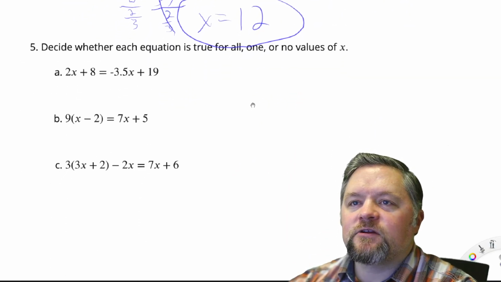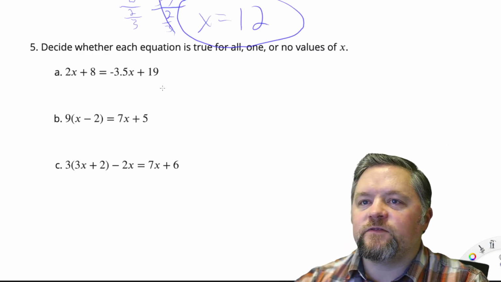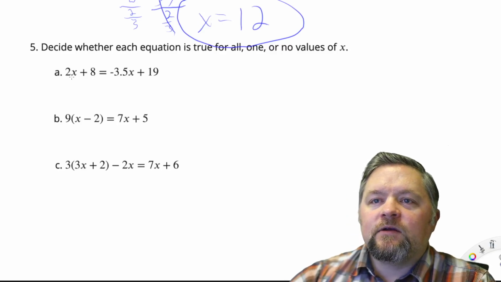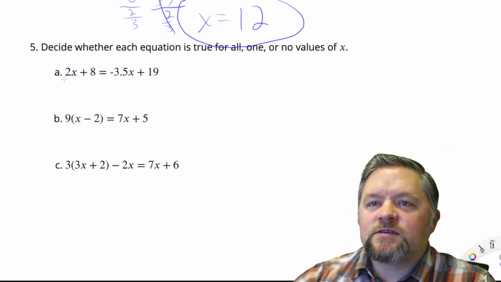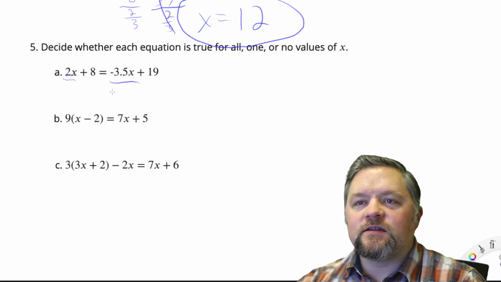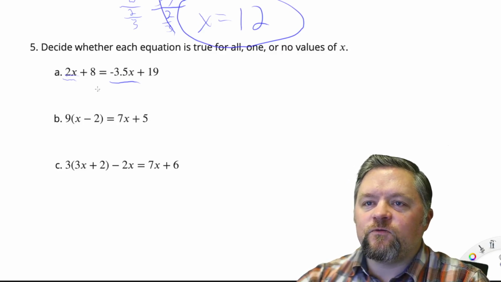Okay, decide whether each equation is true for all, one, or no values of x. Okay, we have 2x on this side. We have negative 3.5x on this side. The number of x's don't match, which means that is true for one value of x.